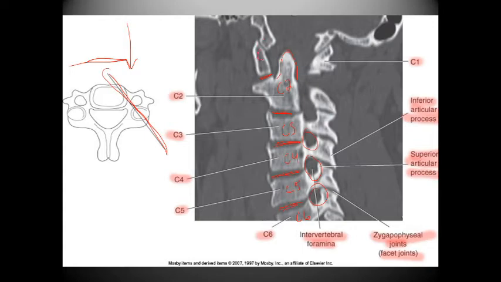We do see C1 here, and we are seeing intervertebral foramina, and we're seeing the zygapophyseal joints here and here, and even here. Basically, this is used to demonstrate the intervertebral foramina.